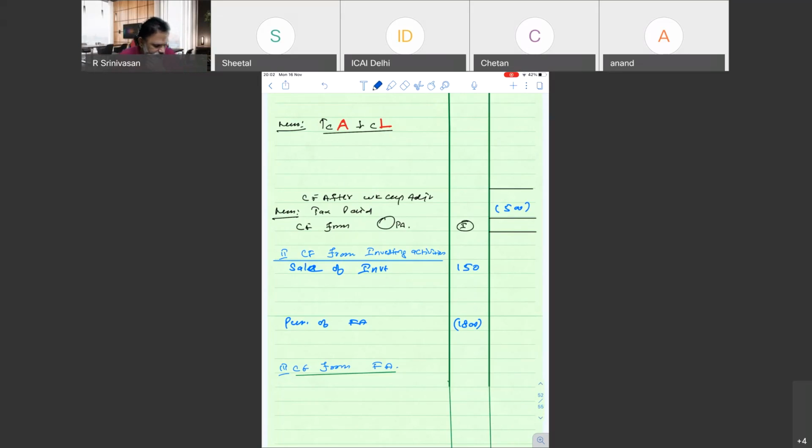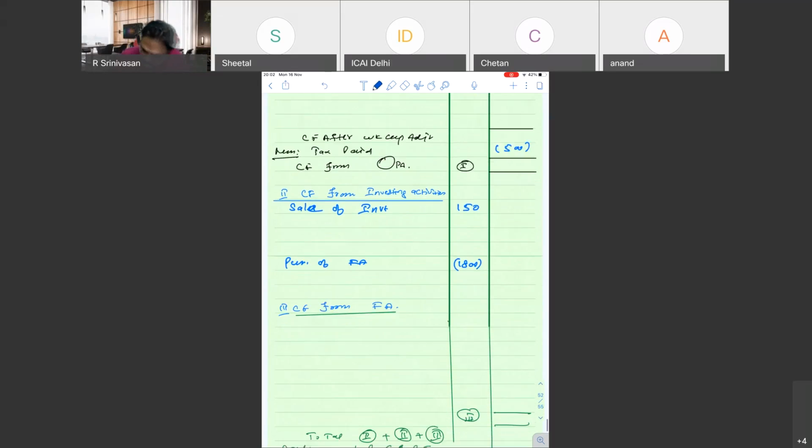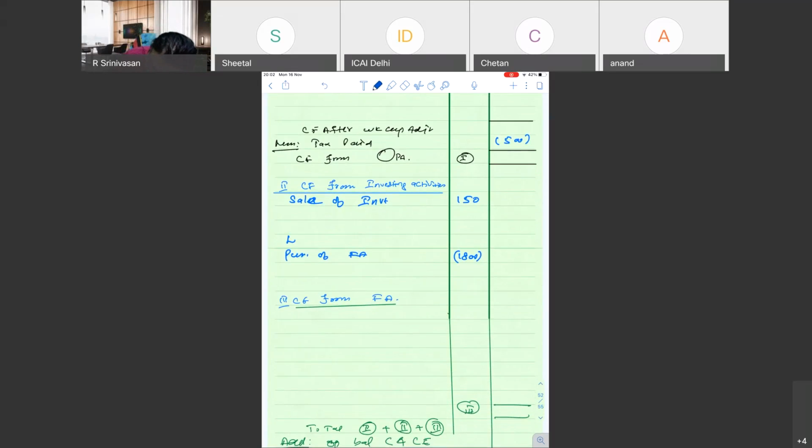So we have given loan, so here it will come: loan given to group companies, $1,500, $200 and $1,700. Okay, right.